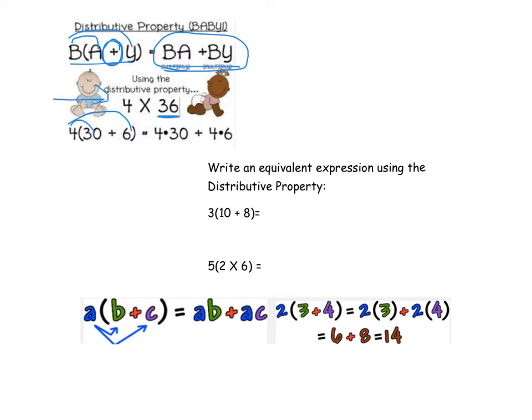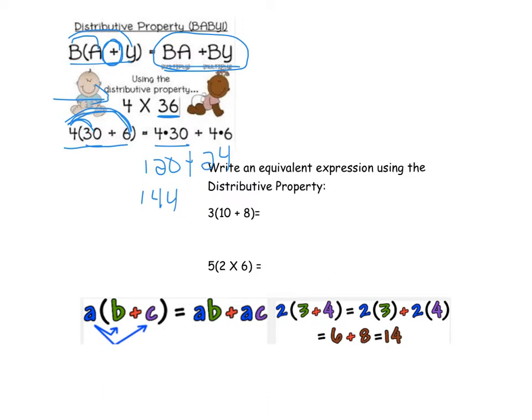If we broke this 30 into 30 plus 6, now we can do the simple math. 4 times 30 is 120, and 4 times 6 is 24, and so we have 144. It is a simple way to do math in our heads, and we'll be using this a lot with variable expressions as well.